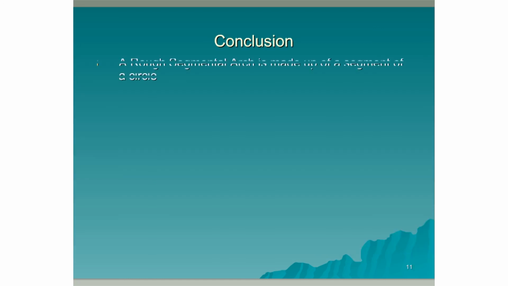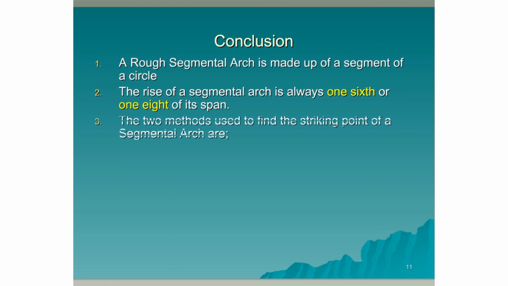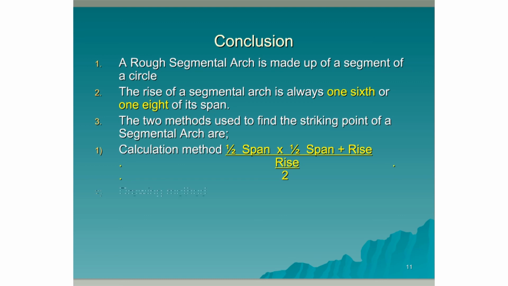Conclusion. A rough segmental arch is made up of a segment of a circle. The rise of a segmental arch is always 1/6 or 1/8 of the span. The two methods used to find the striking point of a segmental arch are the calculation method, which is using the formula half the span by half the span plus the rise divided by the rise divided by 2.